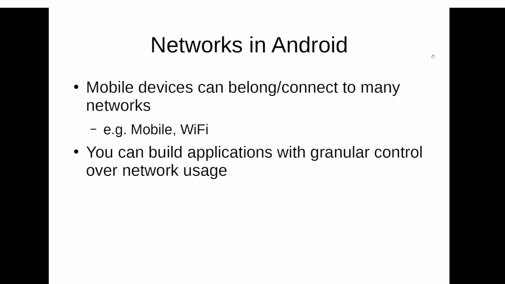Most modern devices will grant some level of access to the internet, whether that's a cell phone that gets access through its mobile carrier or a tablet that connects to the internet through a Wi-Fi network. In Android, we can build applications that exert granular control over their behavior based on information that we garner about the available networks.